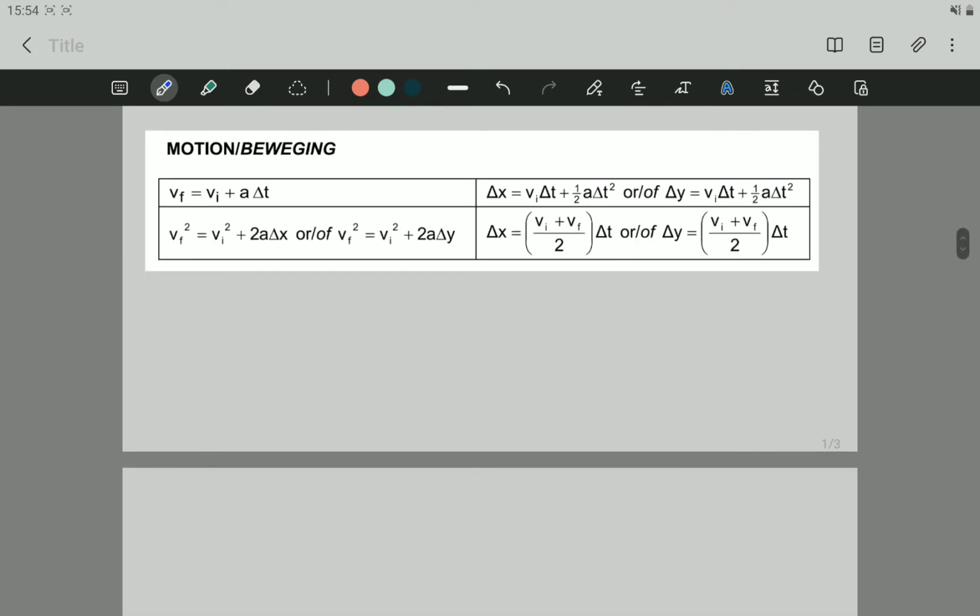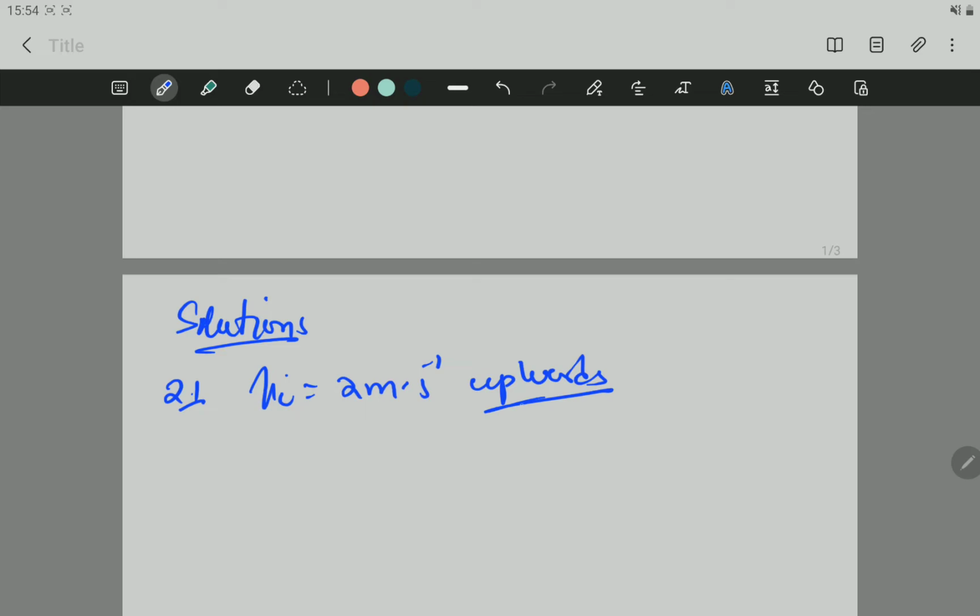Let me write it using symbols: initial velocity is equal to 2 meters per second upwards, because it is moving with the hot air balloon.